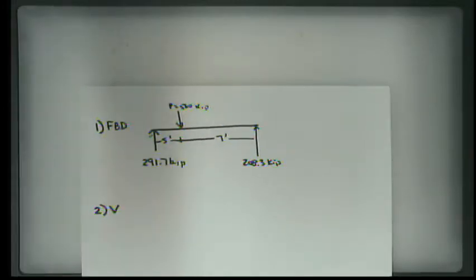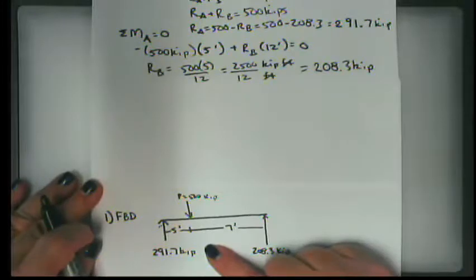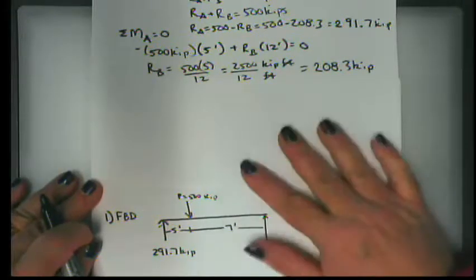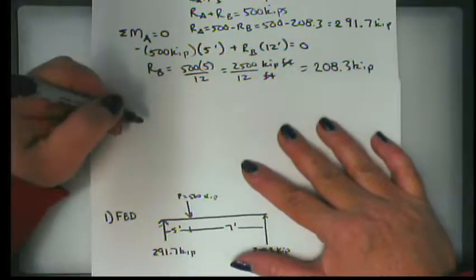Now you work from the free body diagram when you do this, but I'm going to do the work up here because I want to draw this nice diagram down here.